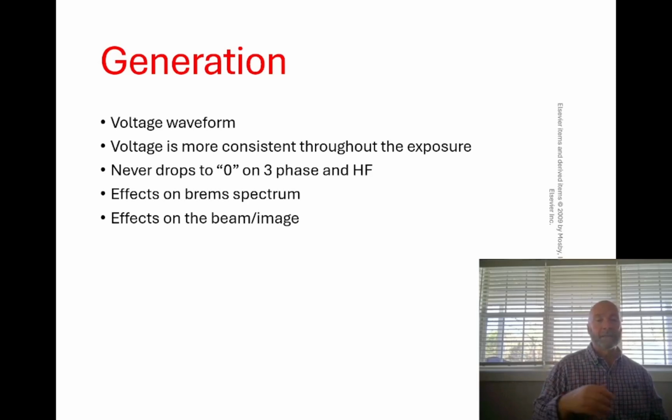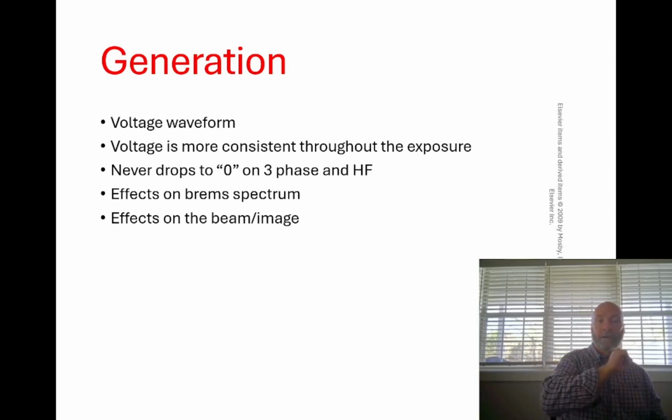Once we get to three phase, it never drops all the way down to 0. So again, it increases the average. Once we go from three phase 6 pulse to 12 pulse, it again increases that average, so that ripple decreases. If you remember from last semester, we talked about the voltage ripple for single phase was always 100%.